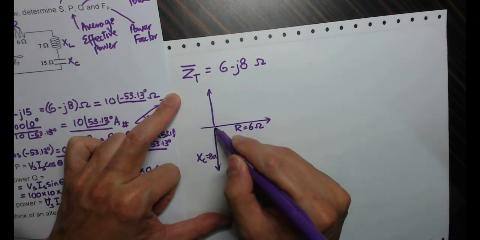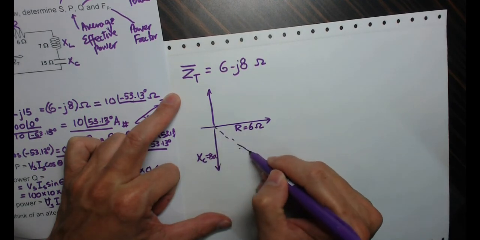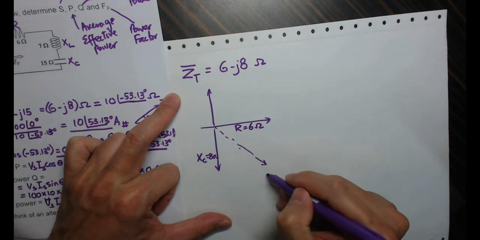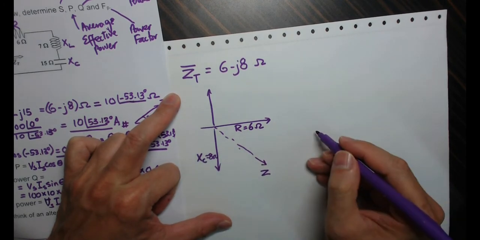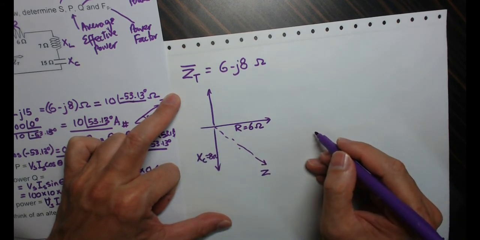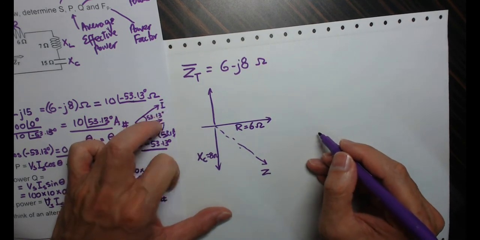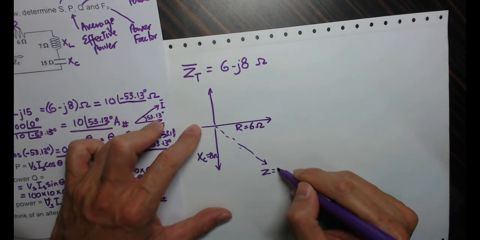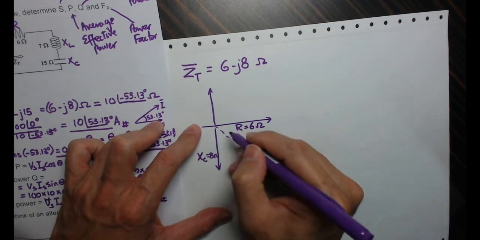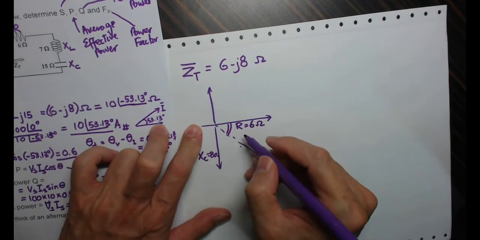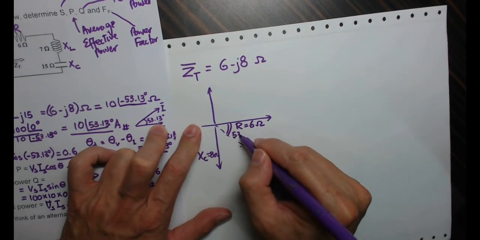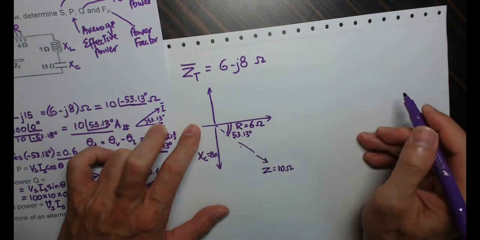Right, so the combination of these will give me my Z, which works out to be about 10, with an angle of 53.13 degrees.